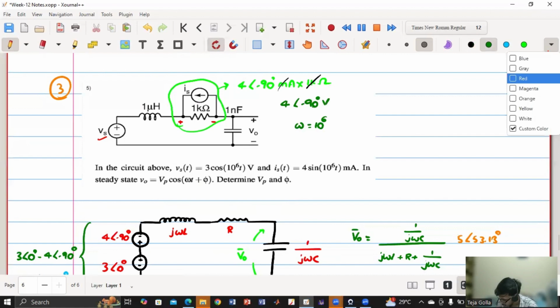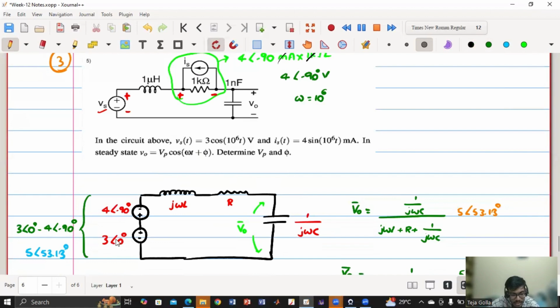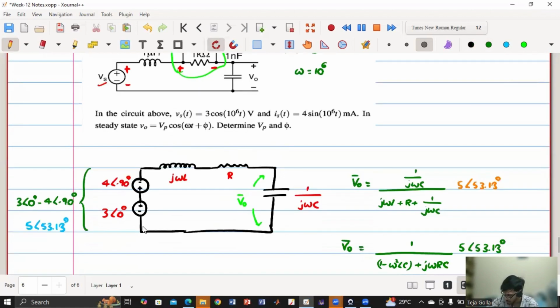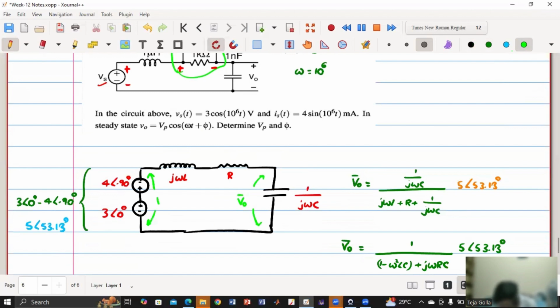But if you see, this is the plus and this is the minus, so it has the opposite polarity to the 3 angle 0 source. If I consider the entire voltage as V input phasor, because this is ground, it will be 3 angle 0 minus 4 angle minus 90 degrees, which is what we have done over here, and we got the value 5 angle 53.13 degrees.